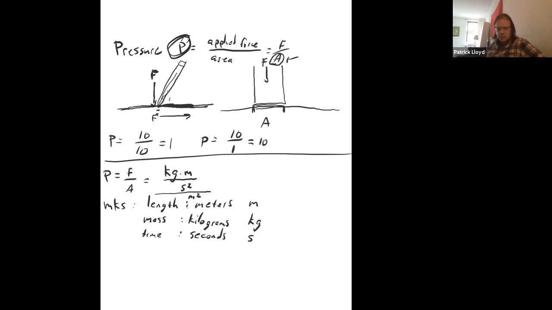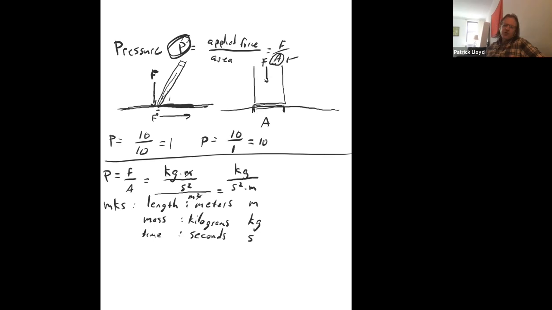So you get this kind of weird combination of units here. Sometimes people will just cancel the meters and you'll get kilogram per second squared. Now both of these are in the denominator, so times meters. So you might see it that way, kilogram per second squared per meter. That would be the units that you have with the MKS system.